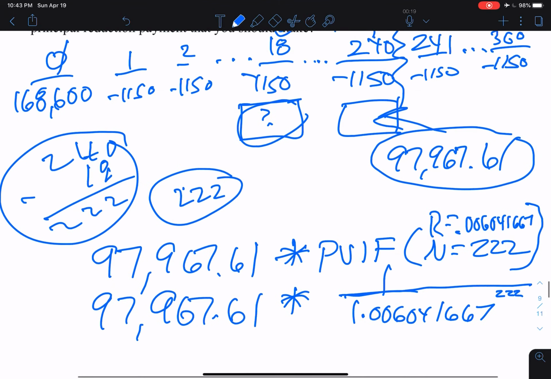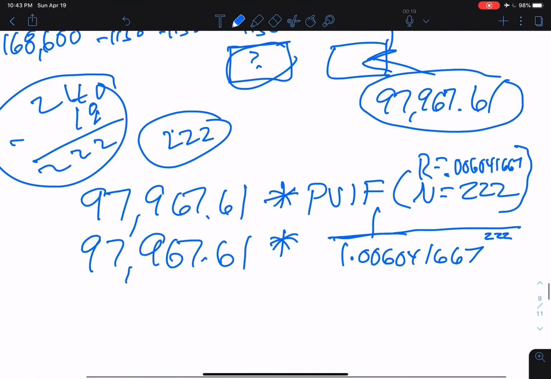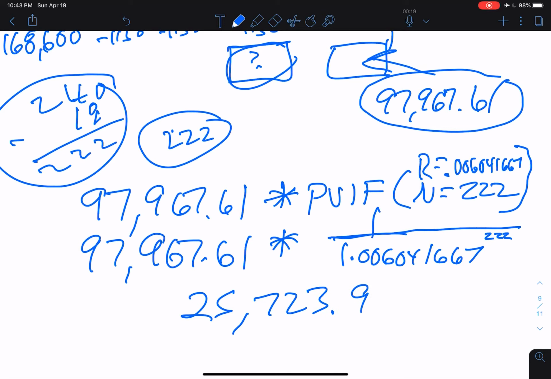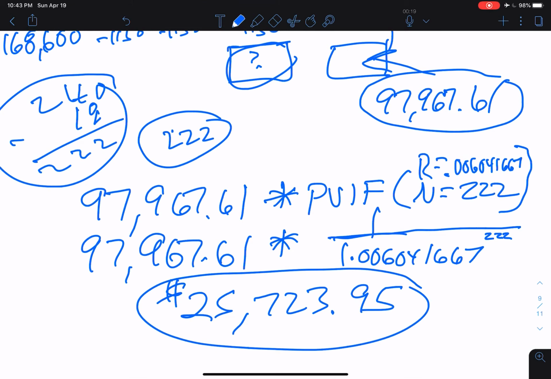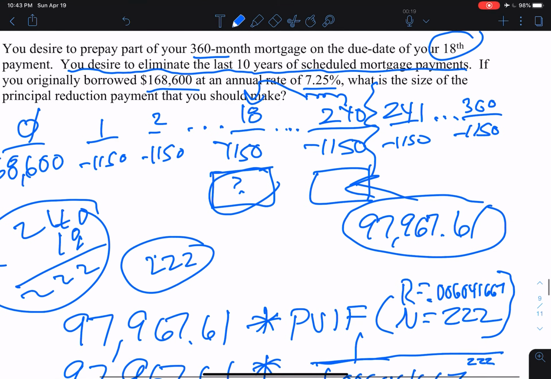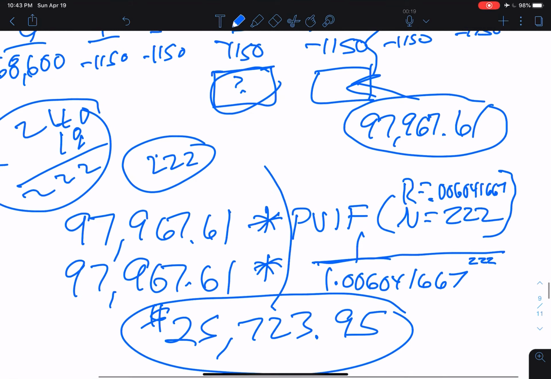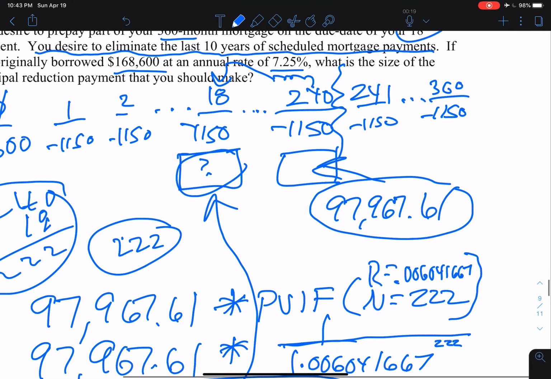Kind of simple, huh? So at date 18, we would pay this amount, which ends up being $25,723.95. We pay this amount right here at date 18. And then we keep on paying 1150.15 at 19 and 20, all the way to 240.